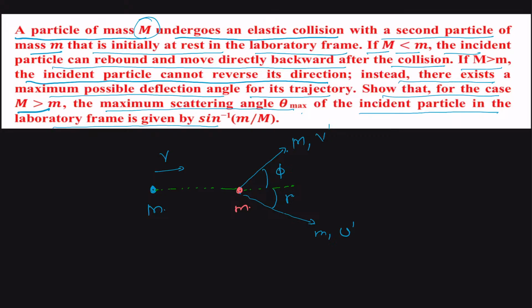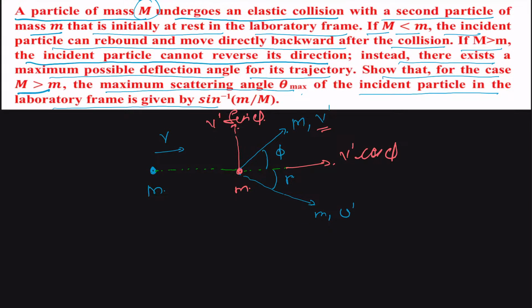And we can divide the respective velocities into components. So for capital M, the component of v prime will be v prime cos phi, and the other component will be v prime sine phi.